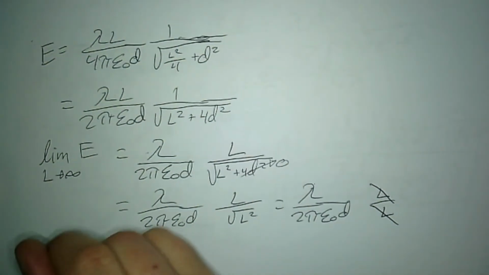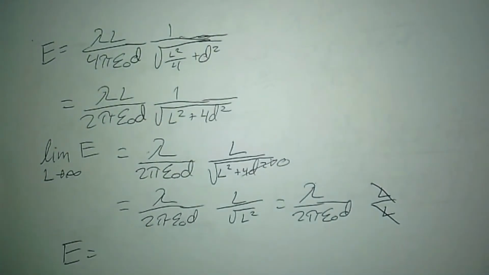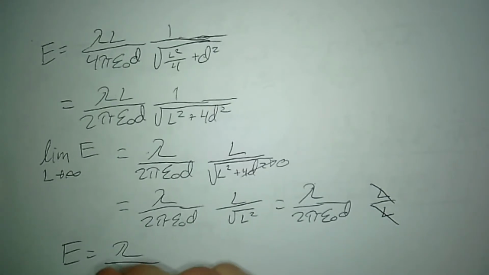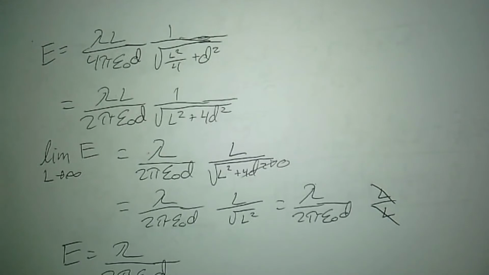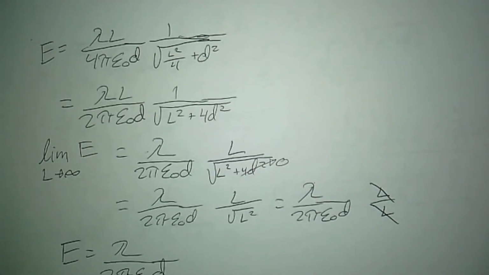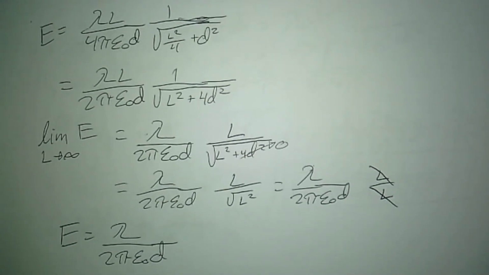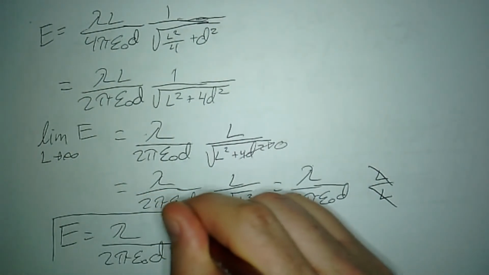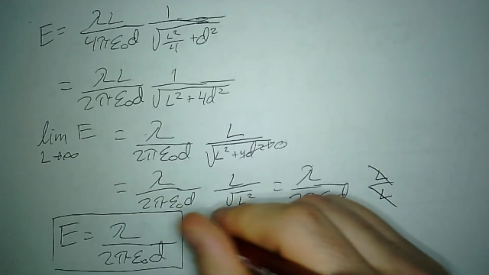So my electric field then should equal lambda over 2 pi epsilon naught d. Let me slide that up so you guys can see it a little better. There you go. So that's what we said the electric field should be if the wire is infinitely long.